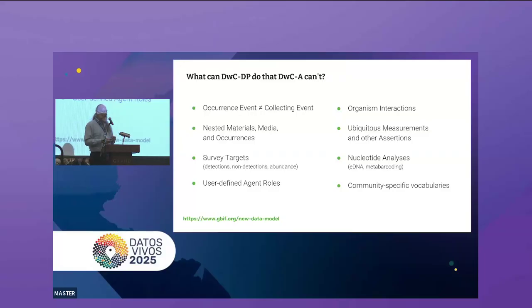And another thing that is not evident at all in any diagram that you see is the capacity to declare a controlled vocabulary that you are using. So not only do we have terms that expect to be populated with controlled vocabularies, now we can say where your term is defined.